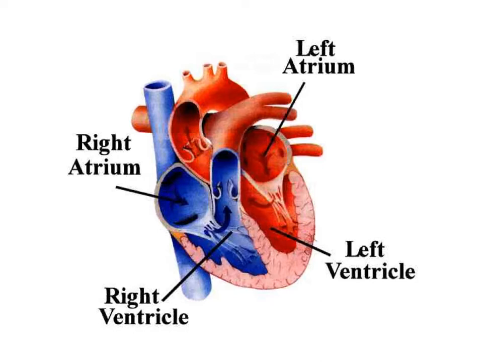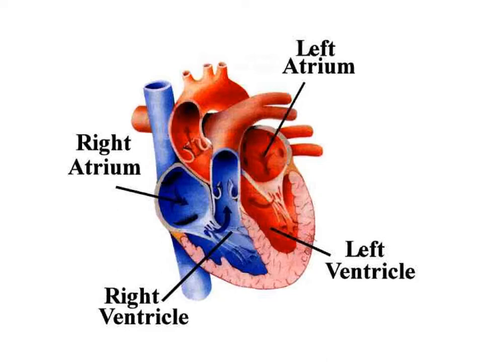So you can see here that the parts of the heart are two different colors. Now, as you hopefully remember from the pig heart dissection that you saw me do, the heart isn't actually blue and red. These colors are an indication of what color the blood is in the heart at that time.